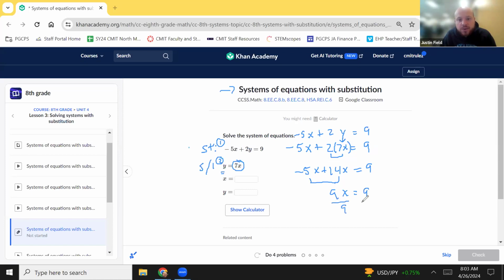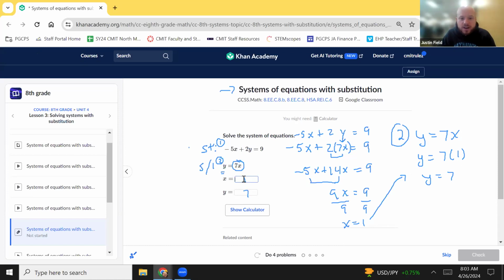Divide both sides to solve that one-step equation, and we get 1. Now we know x equals 1. So we can take that and rewrite equation 2, which was y equals 7x. And instead of x, I can write 1 because I know x equals 1. So 7 times 1 is 7. It means y is 7.